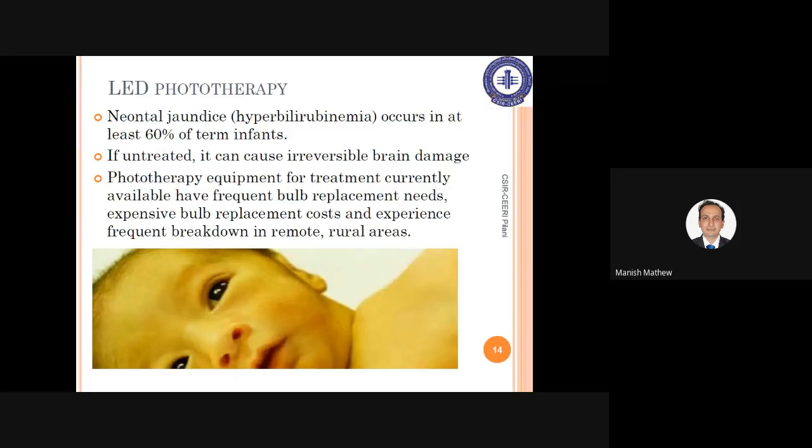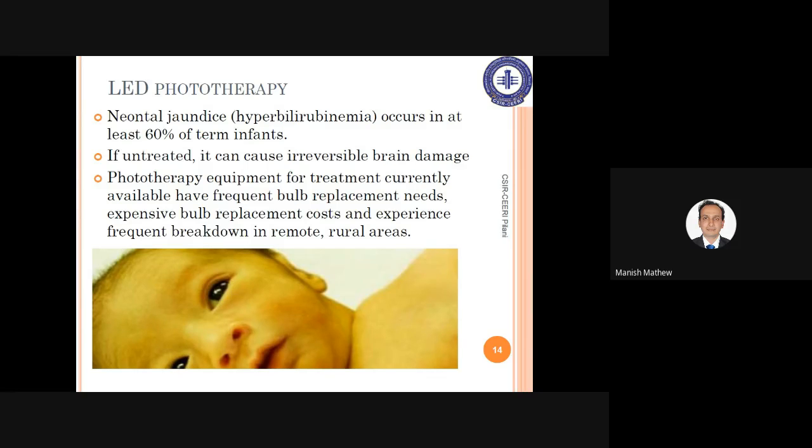So usually in the olden times, we used phototherapy equipment for treating small infants. That type of equipment was very bulky, and it consisted of an expensive bulb. The bulb used to get fused, or had to be frequently replaced.